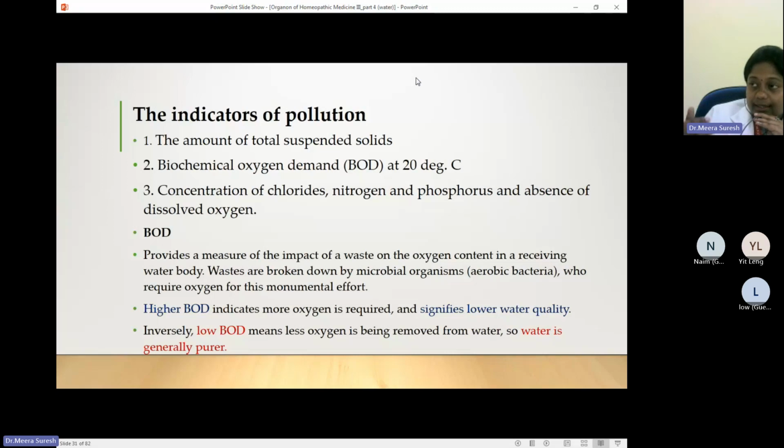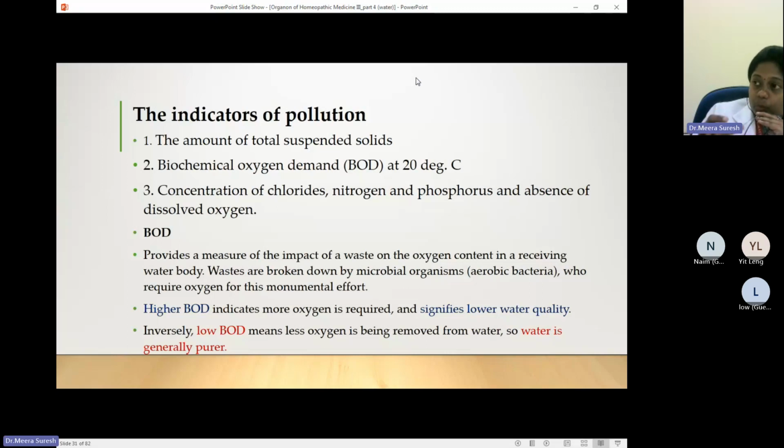So we have 3 indicators of pollution. I'm just repeating it. And the most important one is biochemical oxygen demand, or BOD. Why it is important is the aerobic bacteria present in the water body, be it river, stream, anything, have the ability to break down the waste material.